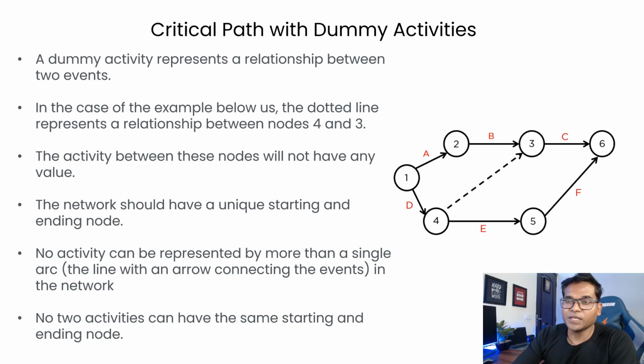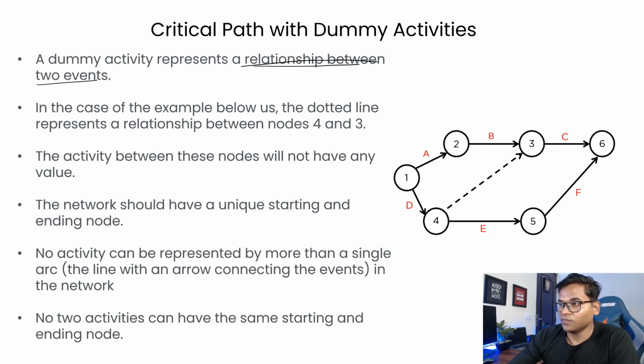So dummy activities are just activities without a duration, for representing a relationship. That is what is meant by that. They are only for representing a relationship. There is no actual duration added to those dummy activities, right?